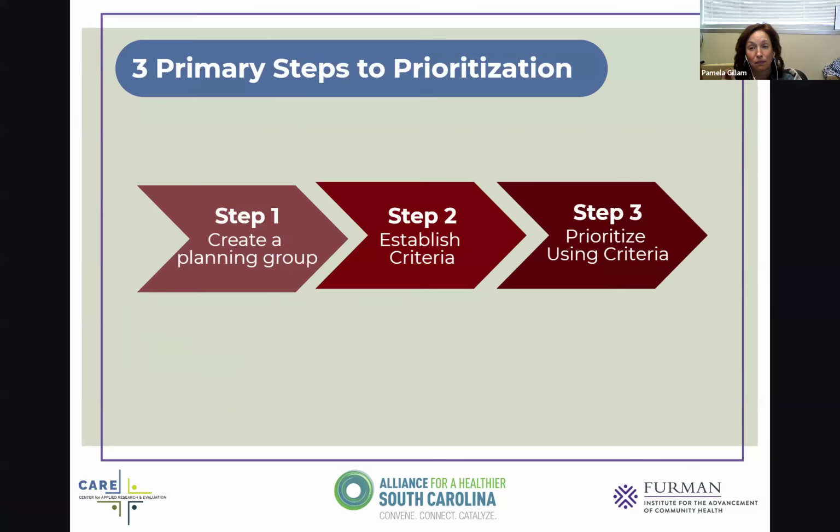One thing I really want to highlight here is that prioritization, especially if you're going to have a lot of people in the room and a lot of diverse perspectives, needs a very skilled facilitator.